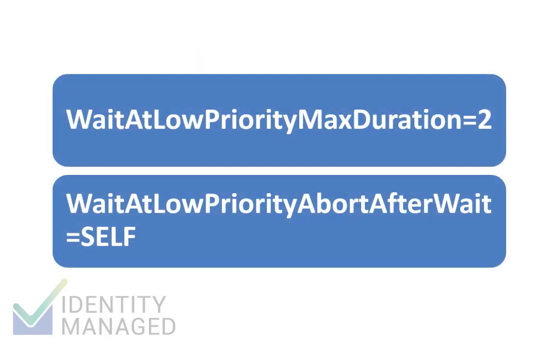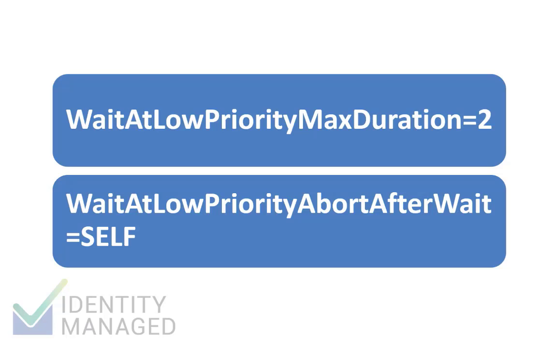Here are the two parameters that I recommend overriding for MIM. Wait at low priority max duration equals 2, and wait at low priority abort after wait equals self. These two parameters work together. The first one says, if we encounter an index that's locked, we're going to wait 2 minutes. And we, meaning the index optimize process. And then the wait at low priority abort after wait says, what do we do after we've been blocked for 2 minutes?